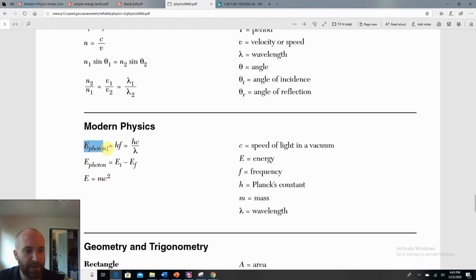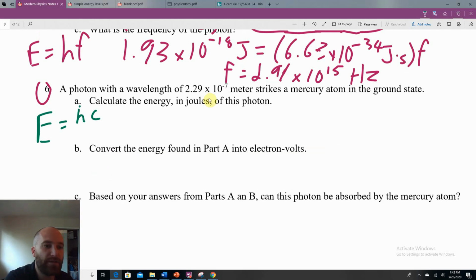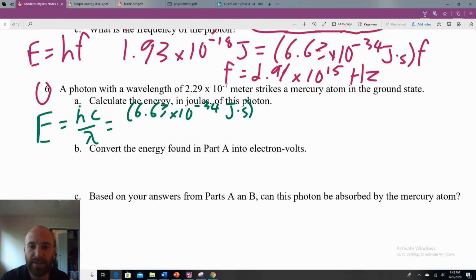The energy of a photon is equal to hf. I don't think that will work here because we don't know the frequency. But hc over lambda might, because remember that lambda stands for wavelength. So let's do that. E equals hc over lambda. h is 6.63 times 10 to the negative 34 joule seconds. Where am I getting that from? Well, h stands for Planck's constant, which, like all the constants, is on the front page of your reference tables.